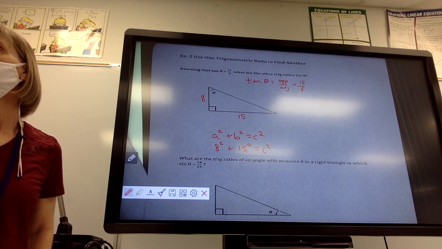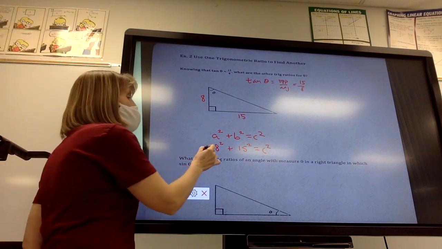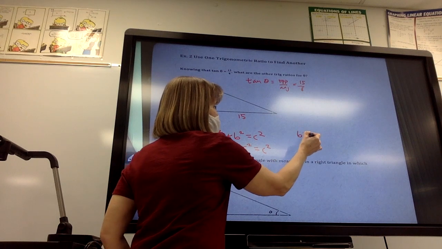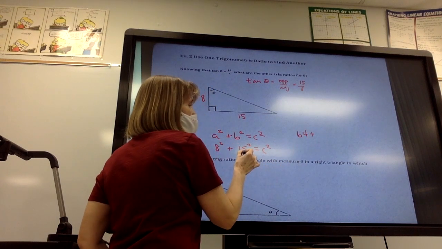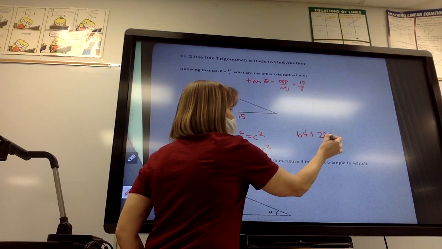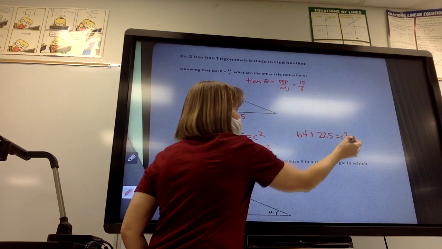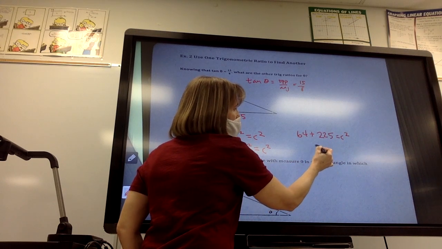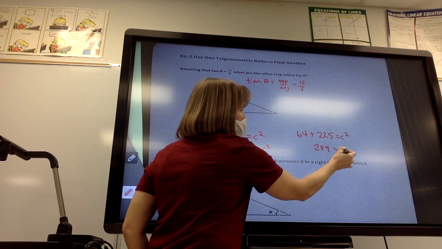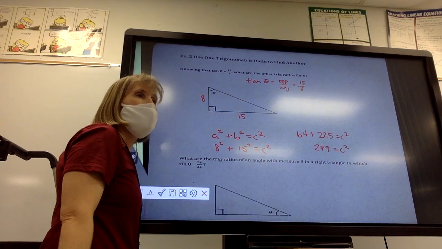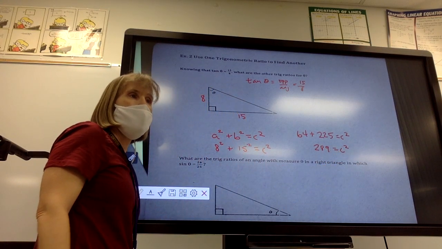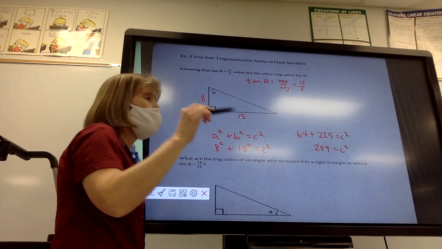Jacob, I'm on my calculator. Okay, 8 squared is 64. 15 squared is 225. So if I add those together, I get 289 equals c squared. How do you find c? You've got to square root that.